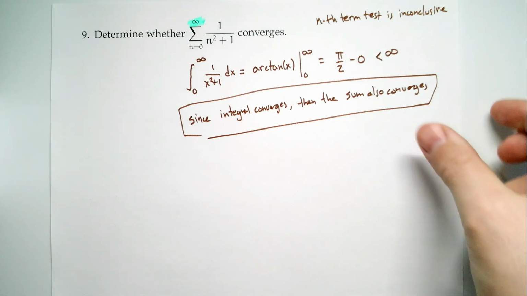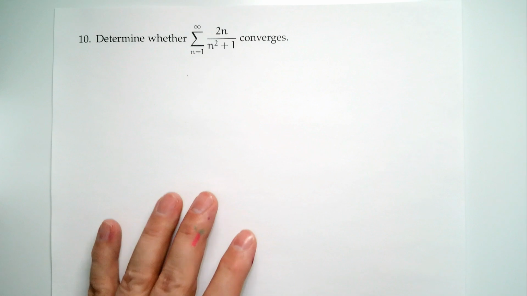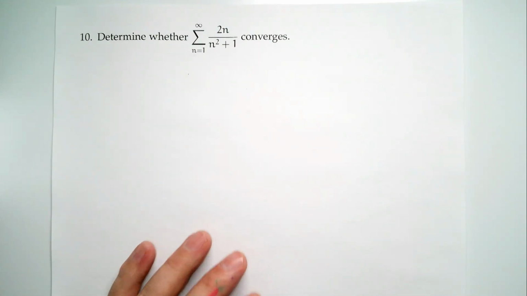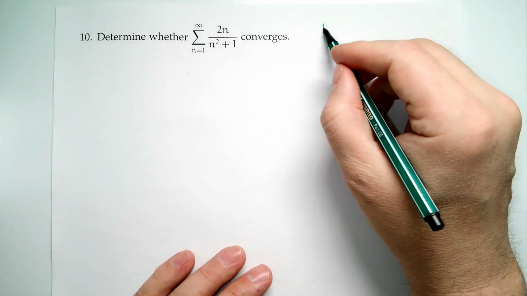All right. Well, now we'll tweak it ever so slightly for number 10, our last question for this quiz. Determine whether the sum from 1 to infinity of 2n over n squared plus 1 converges. Well, again, we should just eyeball and check what happens with the nth term test.